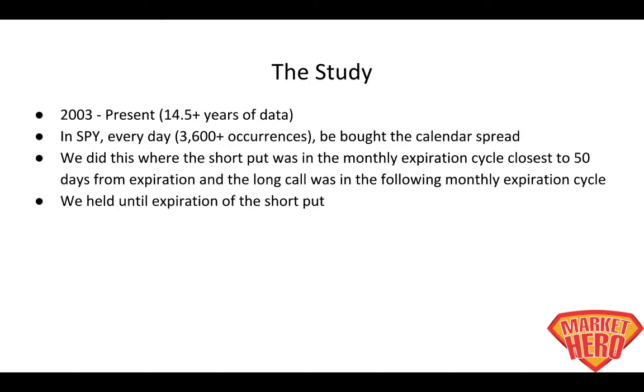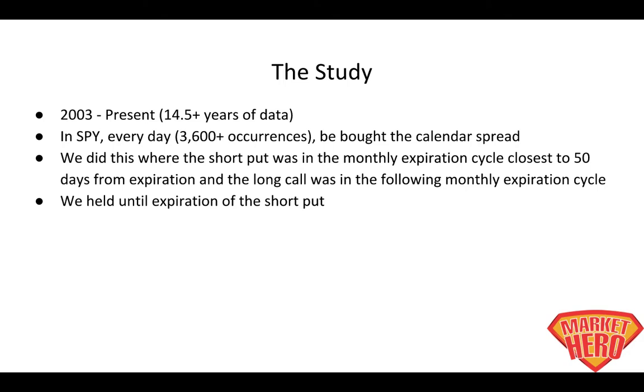Just like all the other strategies, we're looking at 2003 to present. So it's 14 and a half years of data, every single day, depending on when you're watching this study. It could be more, right? Every single day we bought that same calendar spread. We sold the 40 delta put in the monthly expiration cycle that's closest to 40 days away.